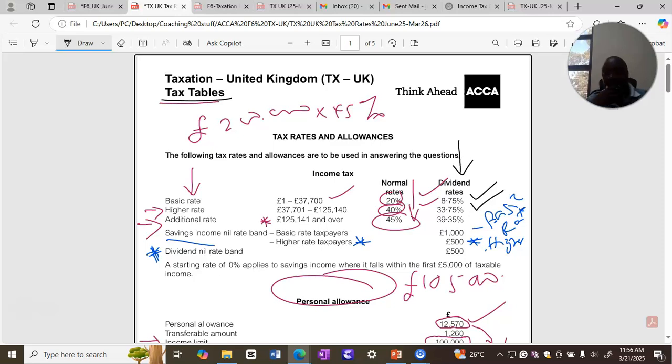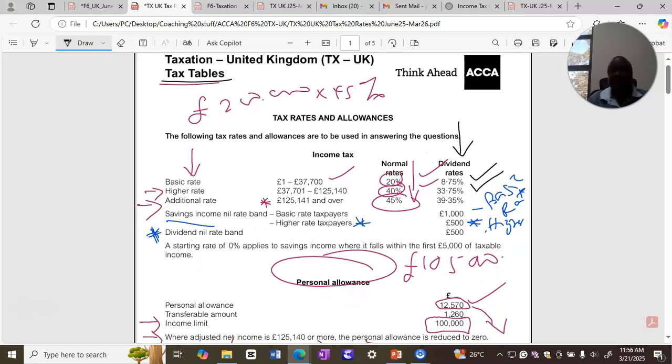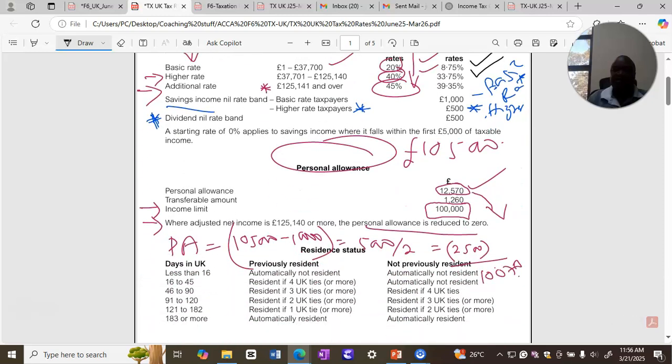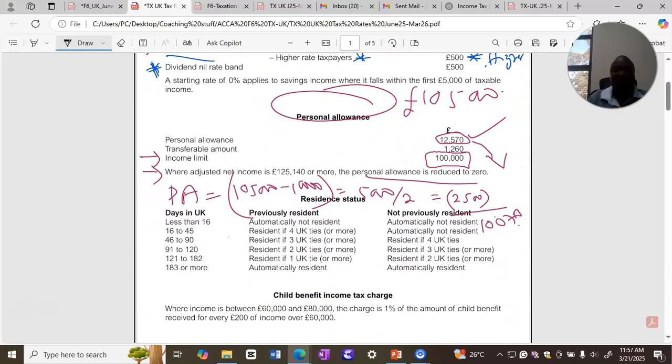All right. So we've talked much about taxation of employment income as well as trading income and so forth. The savings income, the dividends, and so forth. There are also issues we need to be comfortable with.